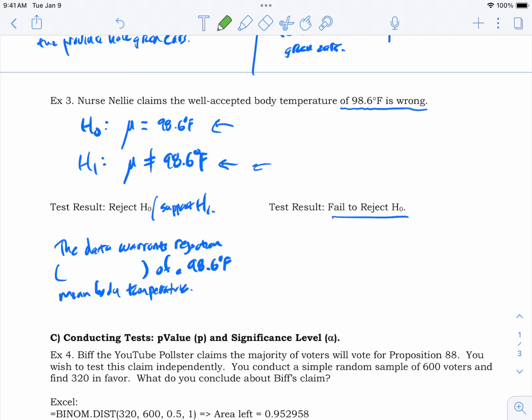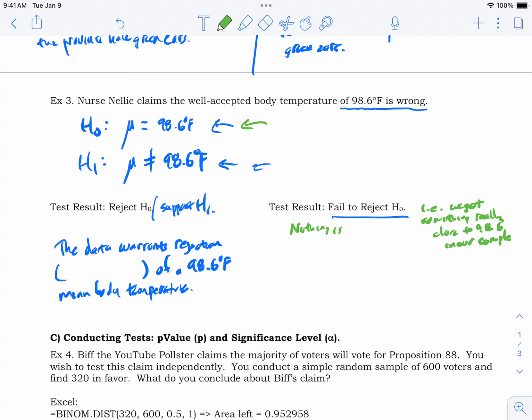Fail to reject H0 is kind of saying that we did get a temperature, i.e., our sample did come out somewhere really close to 98.6.